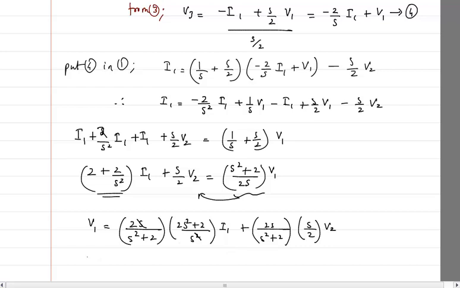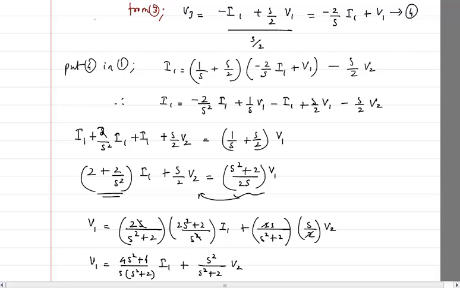So here V1 is equal to 4S square plus 4 divided by S into S square plus 2 into I1, plus, here this 2 and 2 will cancel off, S square divided by S square plus 2 V2.